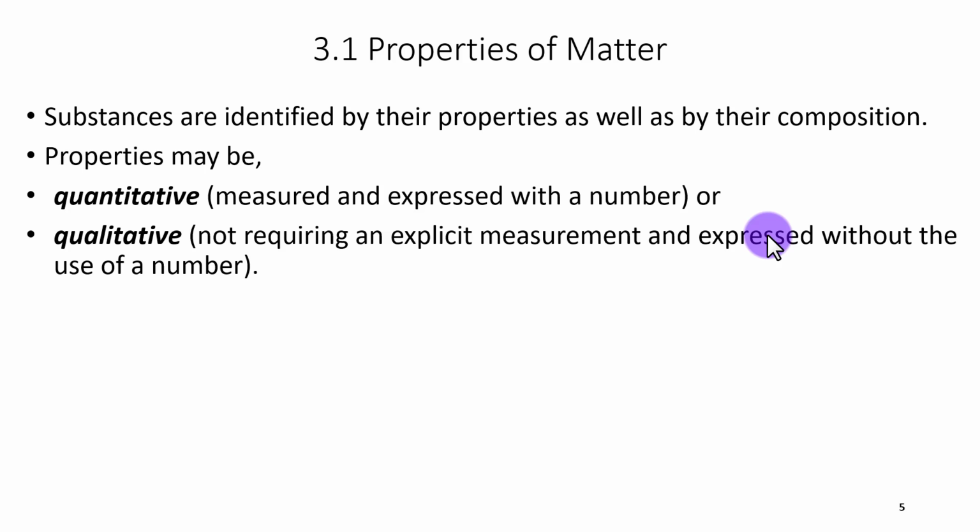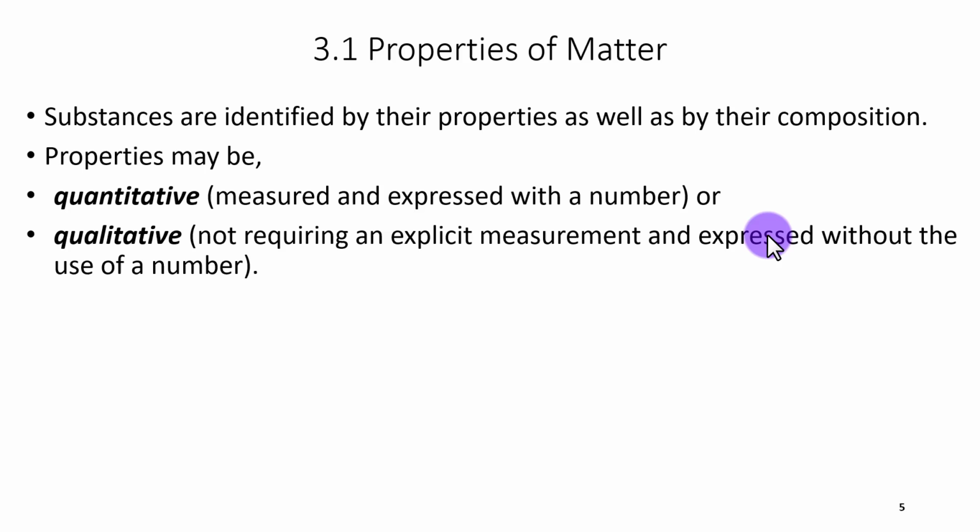When I talk about substances, I talk about their properties and their composition. When we measure properties in science, we can have two types of measurements. They can be quantitative or qualitative. Qualitative measurements do not require a measurement with a number. We don't need a number.